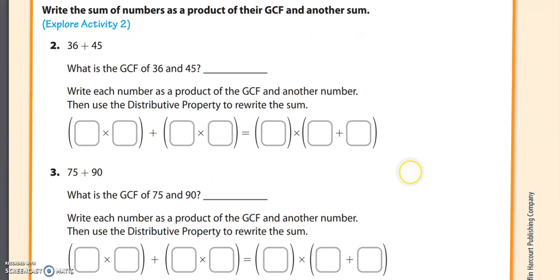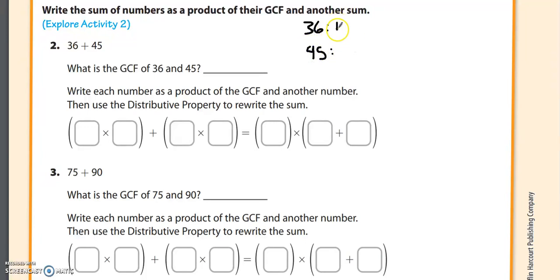So questions 2 and 3 are these problems where we take these numbers and we write the sum of the numbers as a product of their greatest common factor and another sum. So the first thing you do on 36 and 45 is to find the greatest common factor. So I'm going to come over here and I'm going to list the factors of 36 and 45. And maybe you could do that mentally, but I'm going to list them out anyway.